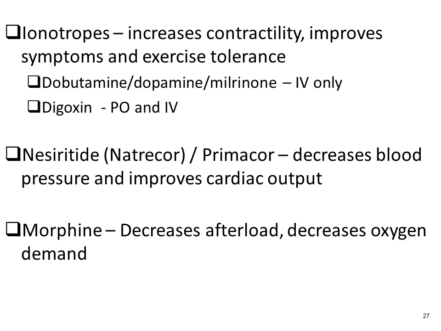So they cause diuresis, they cause vasodilation, they cause a decrease in blood pressure and an increase in cardiac output. They're given in the ICU, IV only. We talked about morphine. Decreases preload, decreases afterload, increases comfort and decreases anxiety, and decreases oxygen demand.